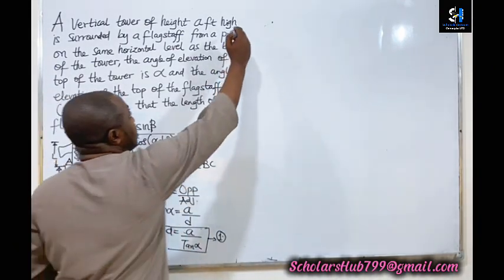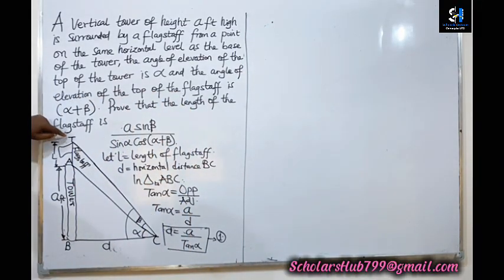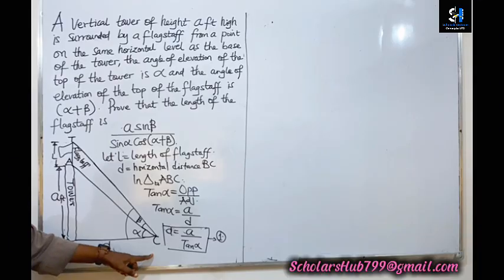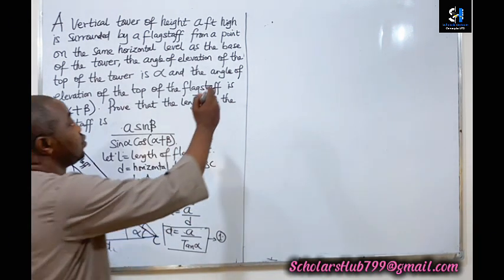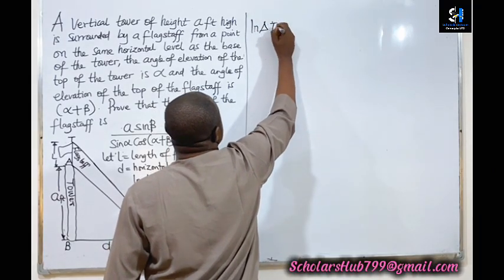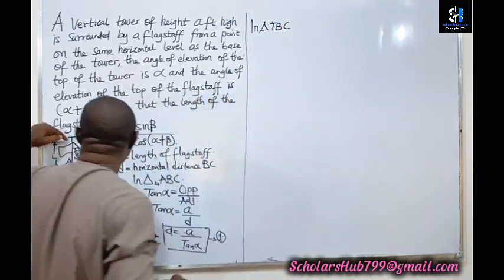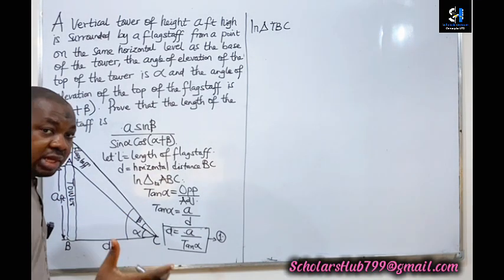Now I will look at right triangle TBC, because I need to consider the flagstaff and its angle of elevation. In triangle TBC, T is the top of the flagstaff. We are also going to use tangent, that is SOHCAHTOA.